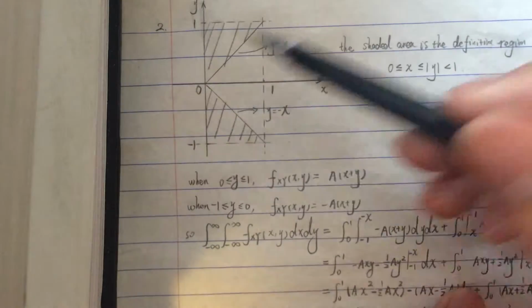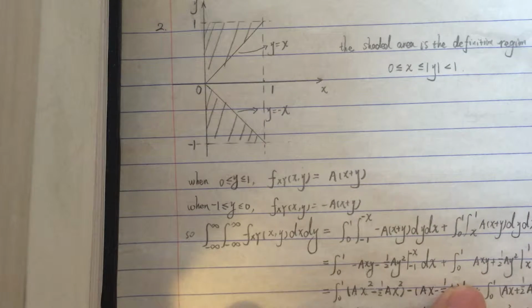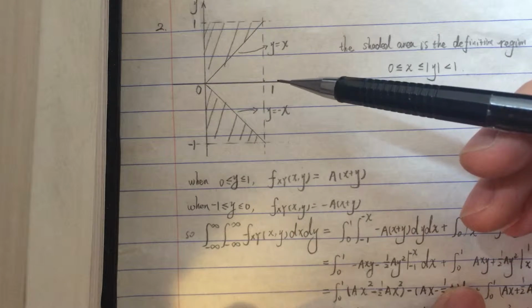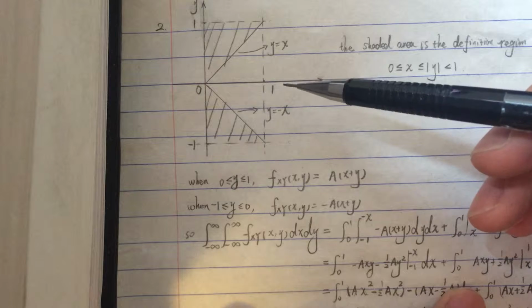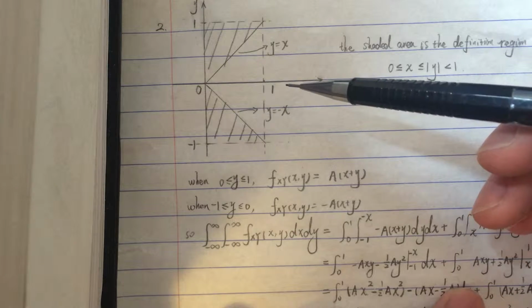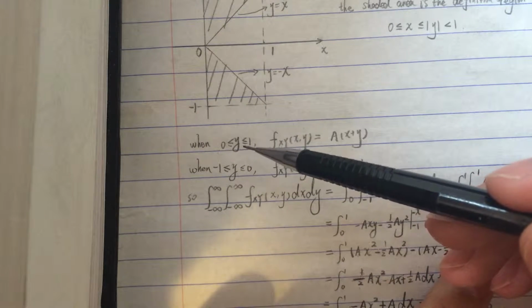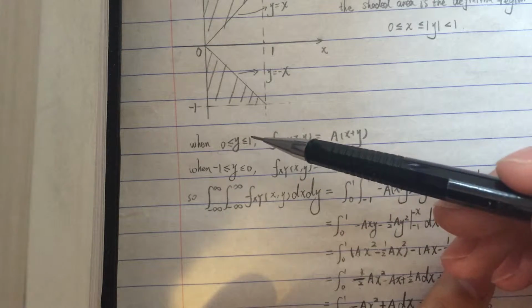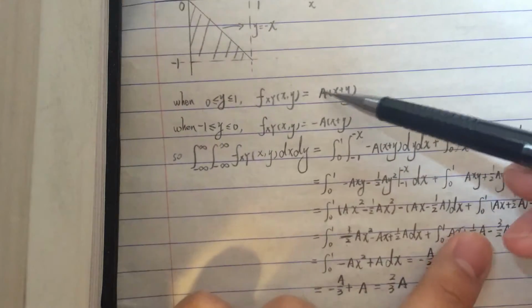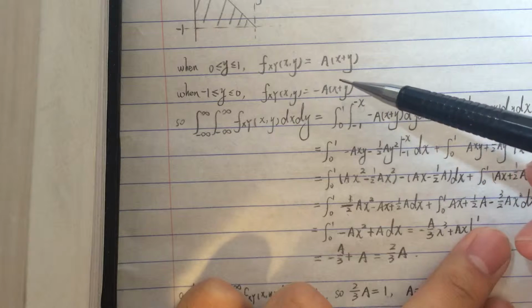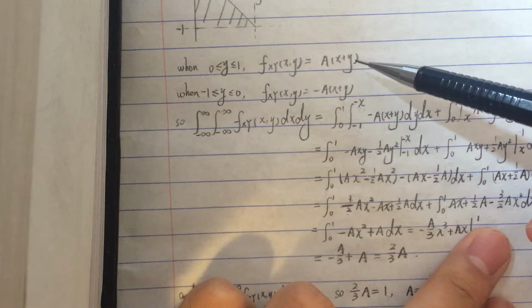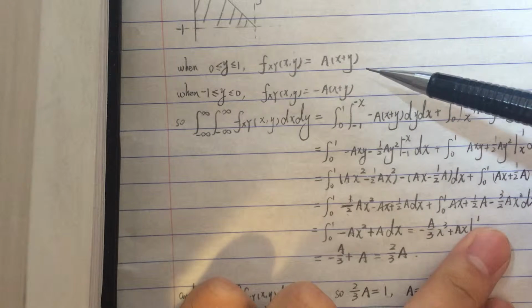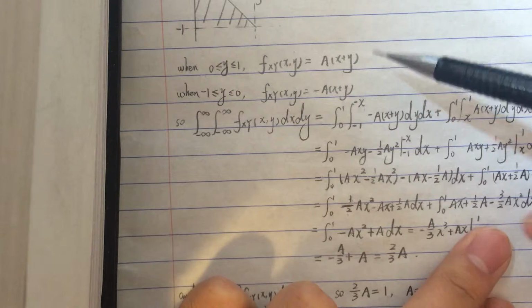According to this graph, we can divide the condition into two categories. When y is larger than 0 and smaller than 1, f of x and y will equal a times x plus y.